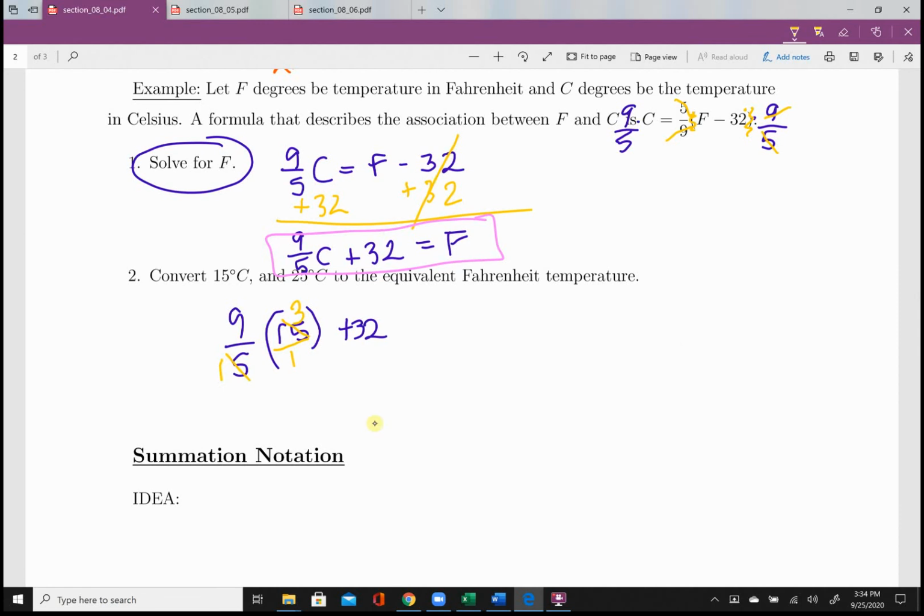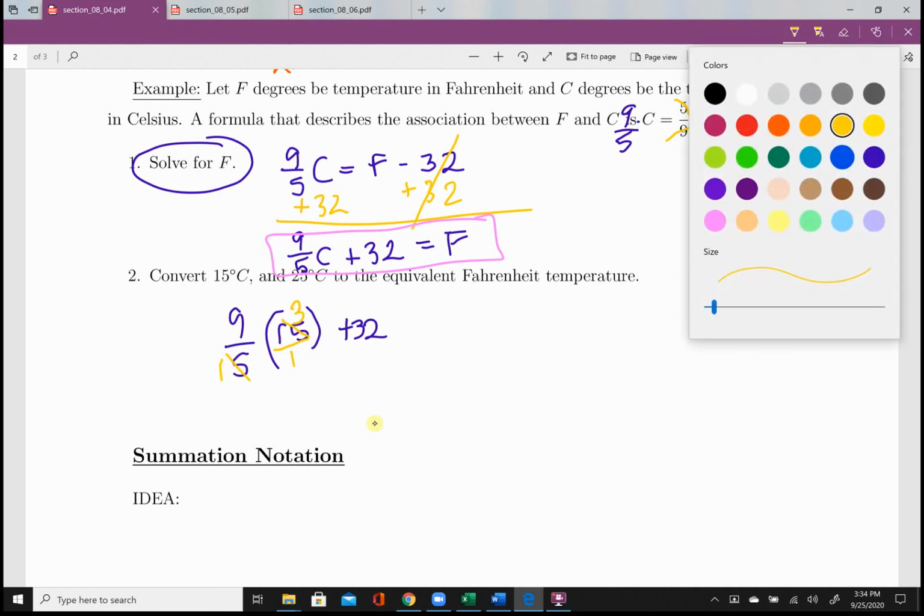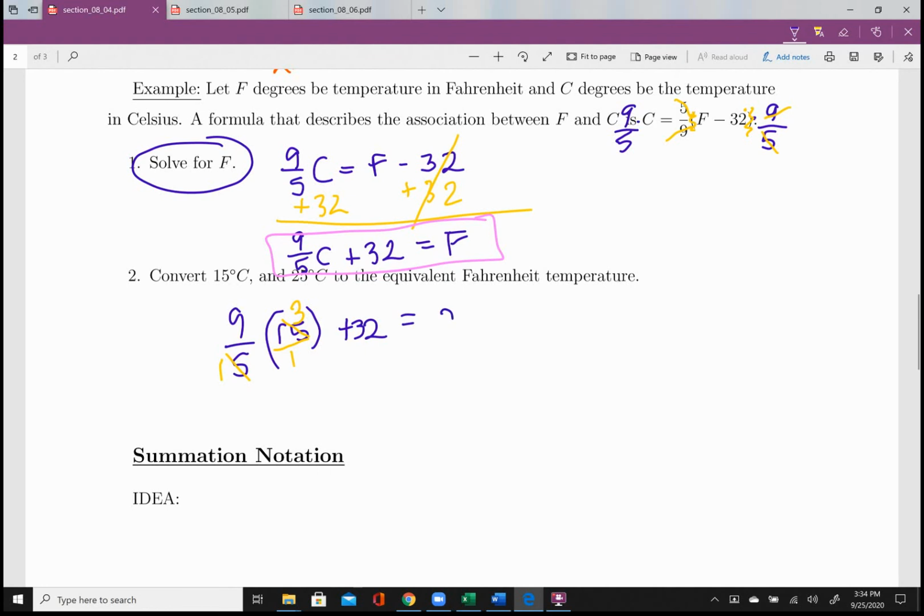So you're actually going to have 27 right here, and that's what you're going to add the 32 to. What's 27 plus 32? 59. 59 degrees Fahrenheit, just to put some units on it.